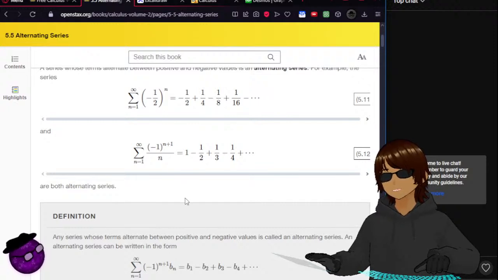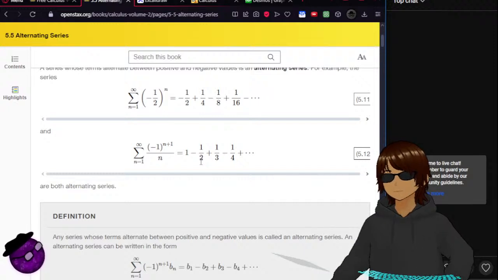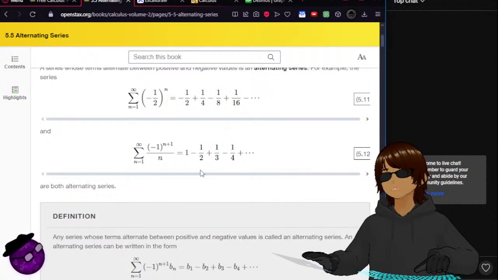Wait, let me think. I can do this. We can put all the even values on one side and the odd values on the other.